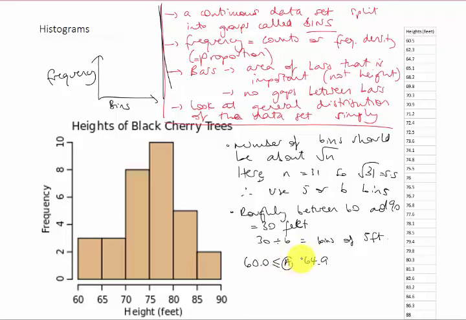Let's call that A for the first bin. You've got to be quite precise with exactly where your bins begin and end. So it's 65.0 and everything bigger than or equal to that is in B.